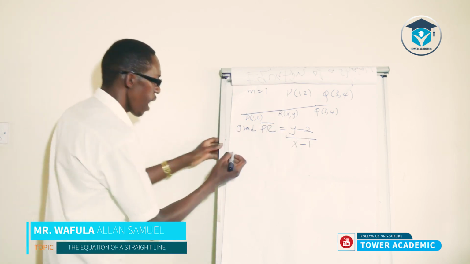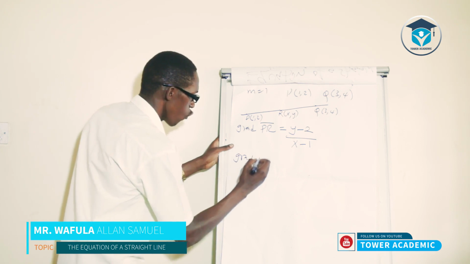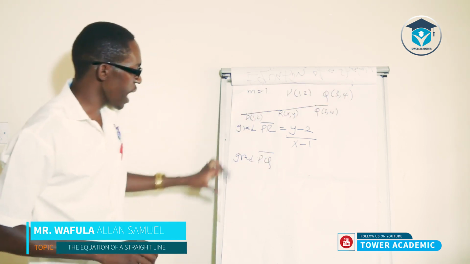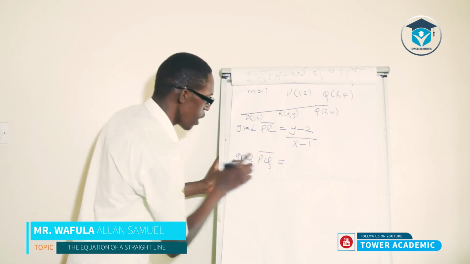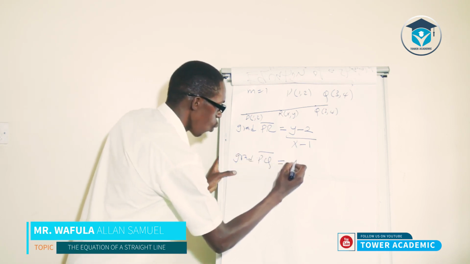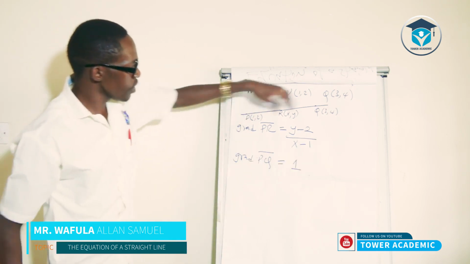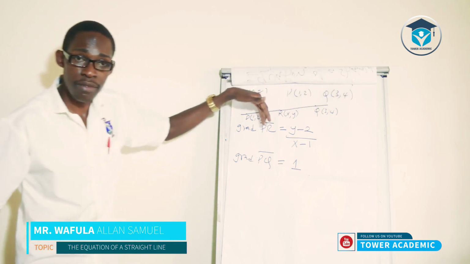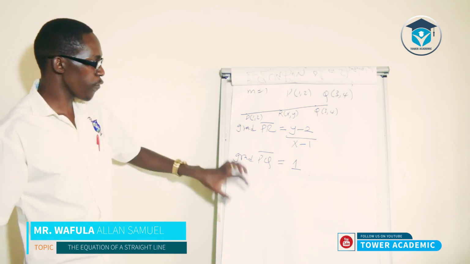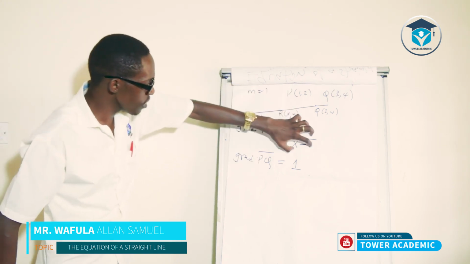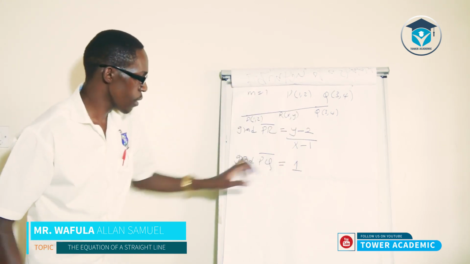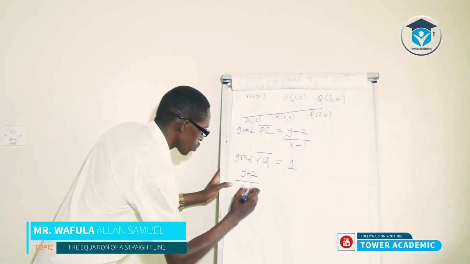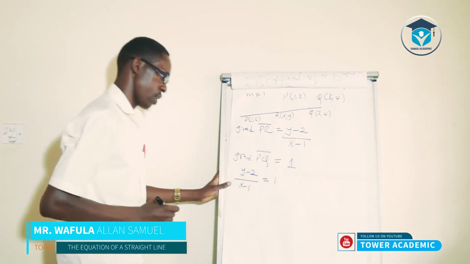But remember, I already had the gradient of pq. So since I know that this is a straight line, I can equate, and remember I had got the gradient of pq as 1. Since the points along a straight line always have the same gradient, I'm going to equate the gradient of this to the gradient of this, by saying y minus 2 over x minus 1 equals 1.